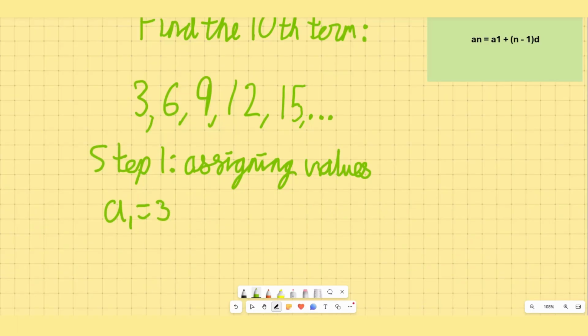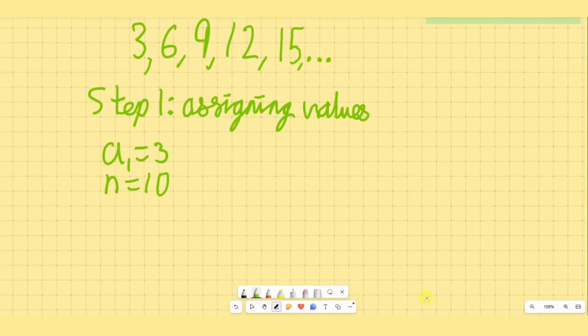Then we see that n is 10 because we want to find the 10th term of the sequence. So n is equal to 10. And we see that d is 3 because that is the common difference between all of these numbers in the sequence. So d is equal to 3.